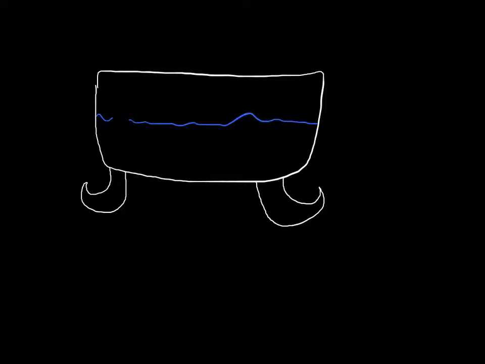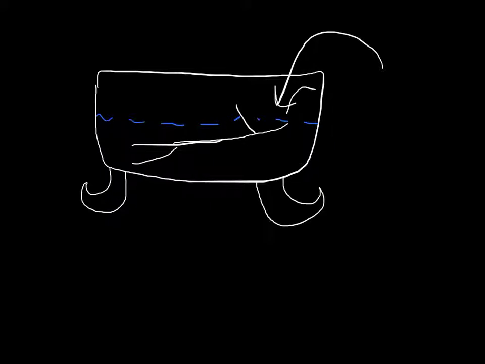So let's make this original water level a dotted line. Dotted line, that's the original height of the water. Now, once you step into this water, once a person is sitting inside of this water, what happens to our water level? The water level is going to go up. And apparently our little person is going to drown.